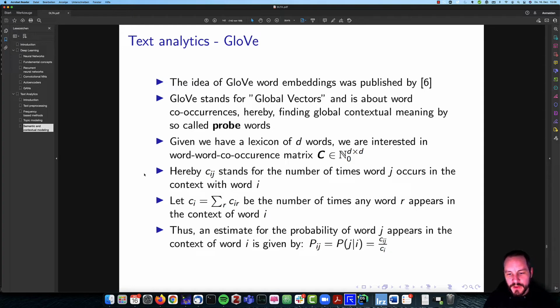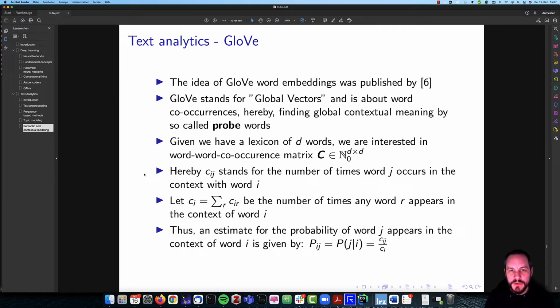If you have a certain sentence, like "I like text analysis", then we take a word in that sentence, for instance "text", and we look at which words occur in the context of this word.